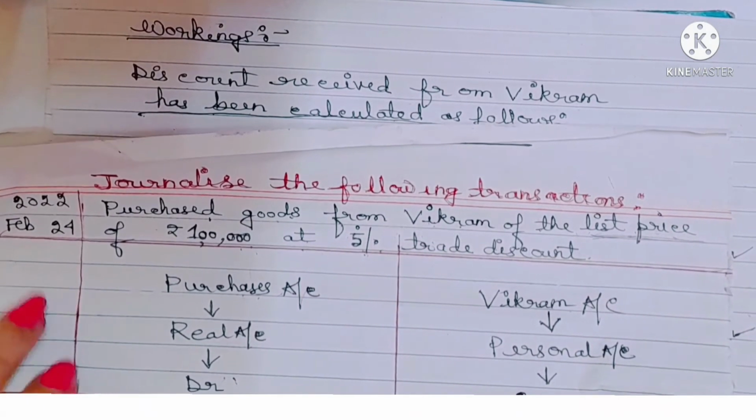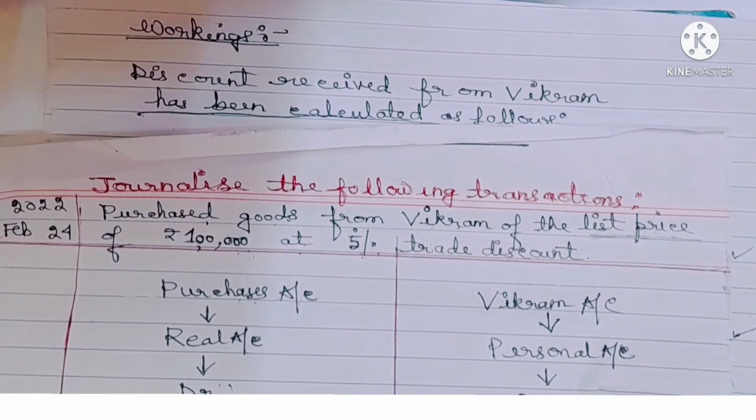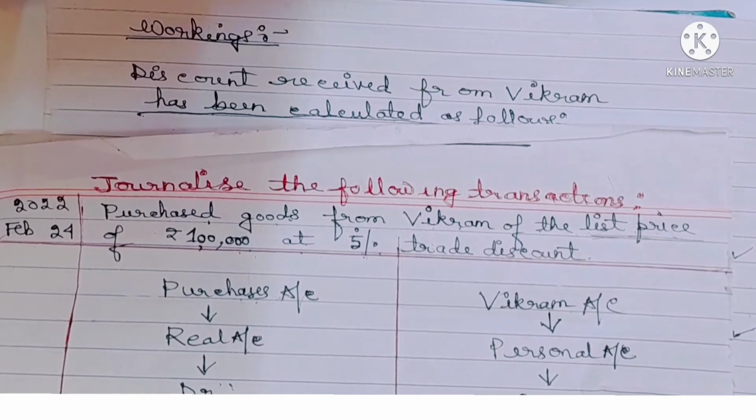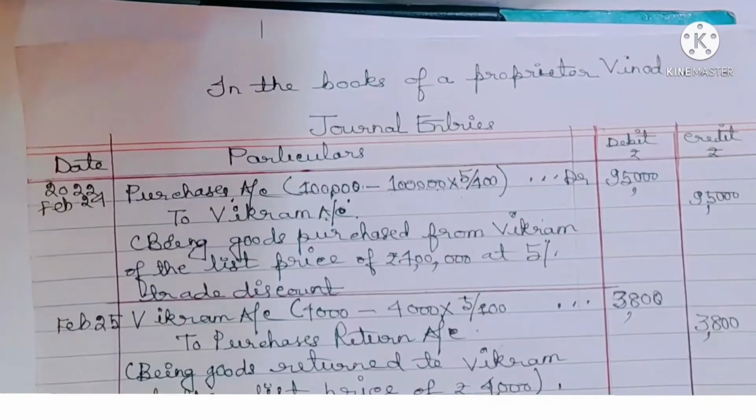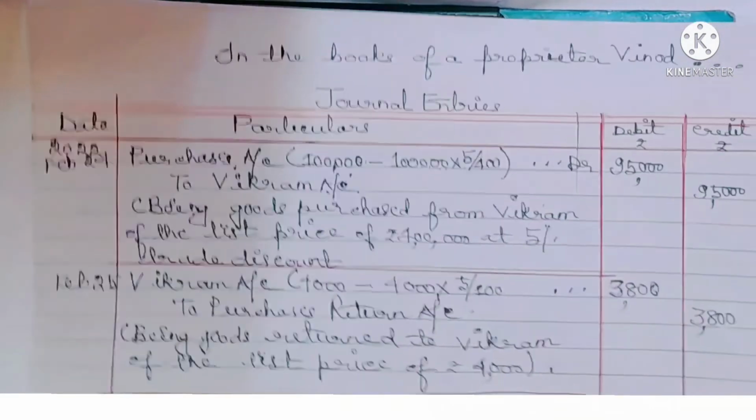Remember this thing: if the goods sold at trade discount were returned by the customers, the amount of trade discount is again deducted from the list price of the returned goods.